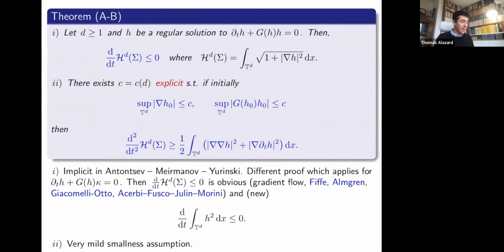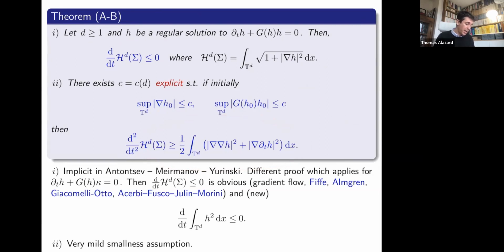And in addition, there exists some explicit constant depending only on the dimension, so that if initially the slope and G_H of H0 acting on H0 are small enough, then we have again a decay in a convex manner with a lower bound for the second order derivative in time of the perimeter.